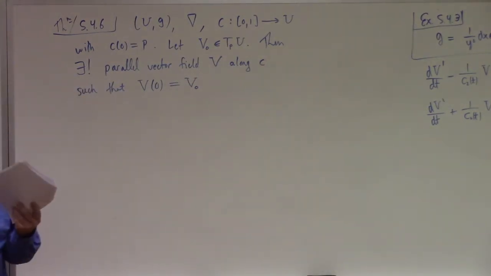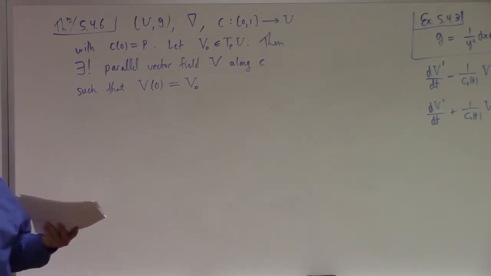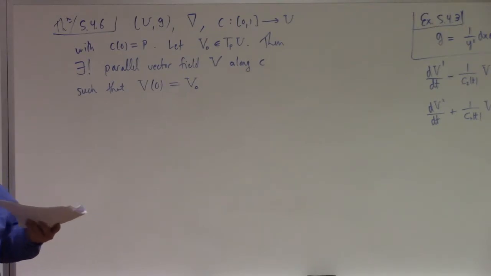Again, with the vector field along the curve, you can insert time into it, right? So V of 0 makes sense.